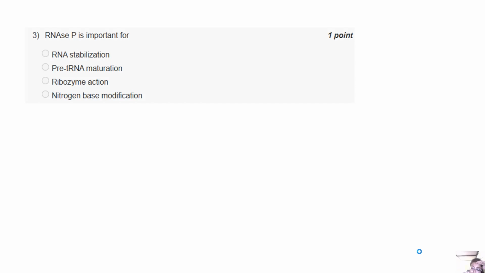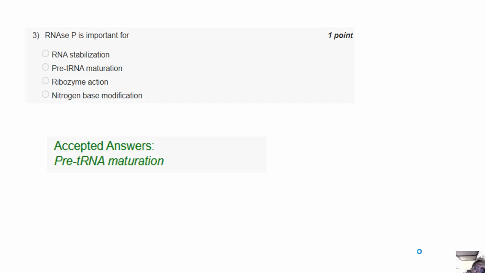Okay, so the answer will be pre-tRNA maturation. So ribonuclease P is basically a ribozyme that cleaves RNA to process transfer RNA, that is tRNA. It's a ribonucleoprotein that contains both RNA and protein subunits, right?